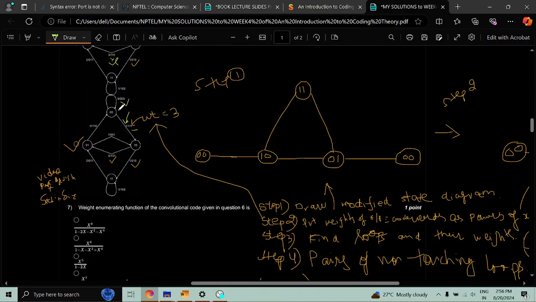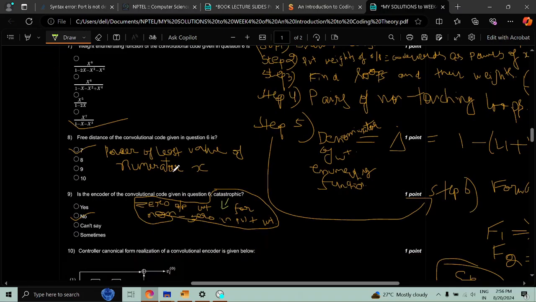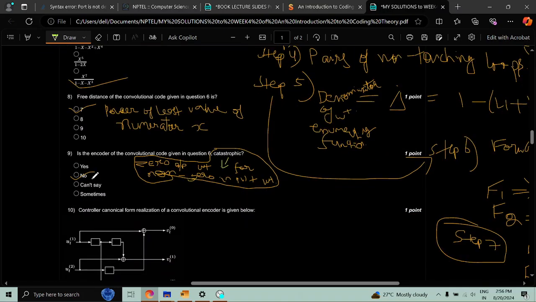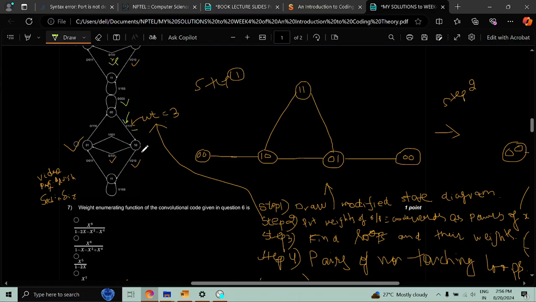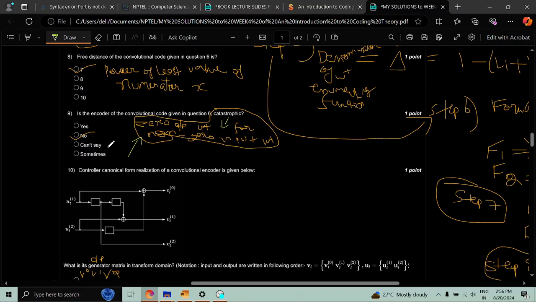So 0 output weight is this, all zeros, but non-zero input weight is not here, and when the non-zero input 1 is given, the output weight is 111, which is not 0 output weight. So this is not catastrophic. You just need to read this definition and then check in the state diagram if that happens. If that does not happen, then you will pick no.